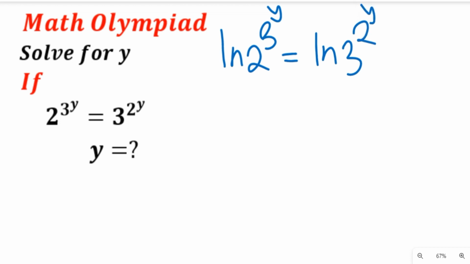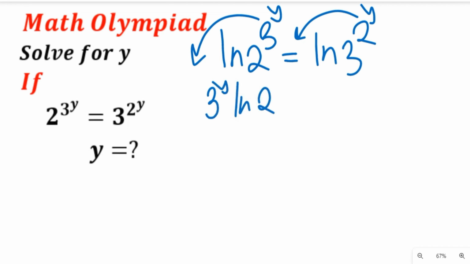Now, according to the law of indices, this power comes over here while this comes over here, and this will be 3 to the power of y multiplied by the natural log of 2 equal to 2 to the power of y multiplied by the natural log of 3.